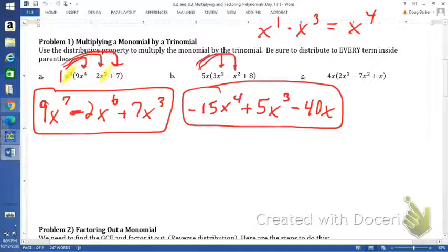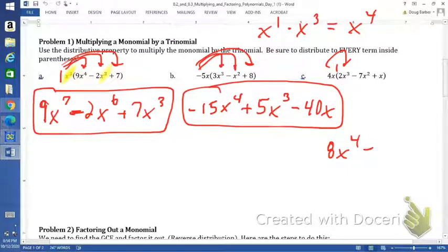So we distributed each of those terms. And then finally we have 4x times 2x cubed. That's going to give us 8x to the fourth, since 1 plus 3 is 4.